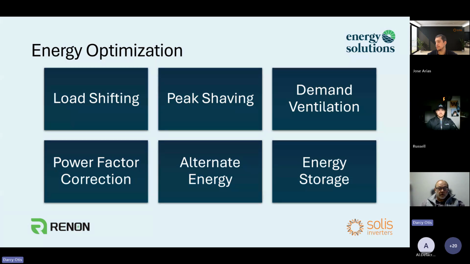You can do power factor correction. We talked a little bit about power factor. If you have inductive loads, then you can use capacitors, either at the entrance or at the actual load itself, a motor for example, and improve your power factor. You can use alternate energy, something we're all familiar with. You can use solar, you can use wind, you can use a combination of solar and energy storage.